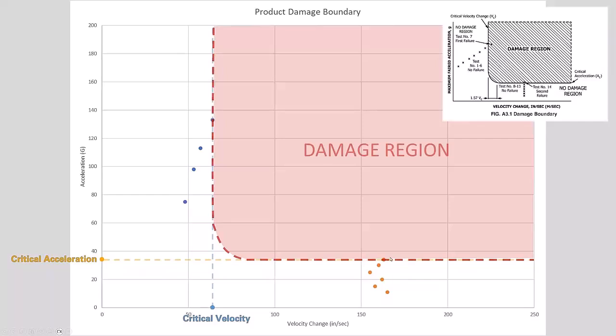And so by having a critical acceleration value, like in this case of whatever it was, 35 Gs, that's the takeaway from this testing that you would give to protective packaging designers, that says, hey, here's your target. Here's your target, packaging people.